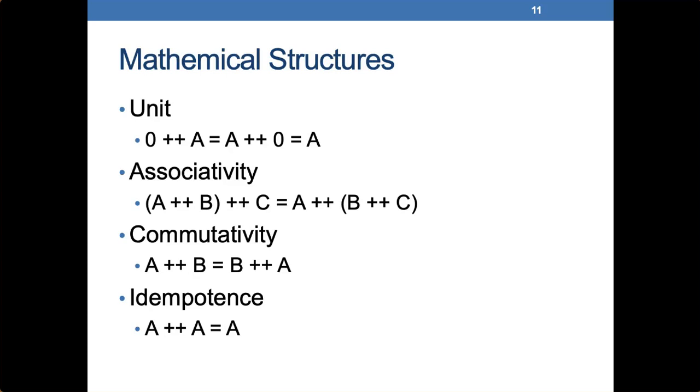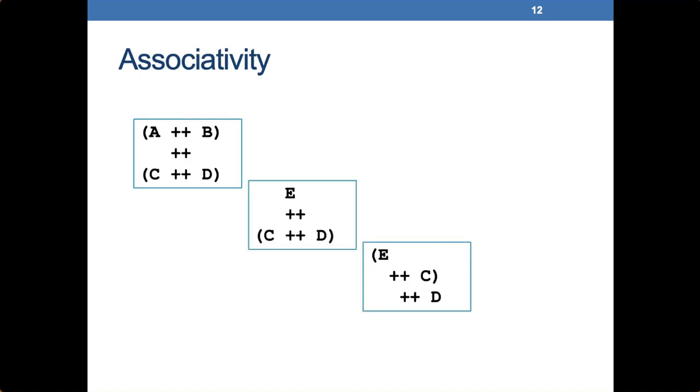And the idempotence means that whenever we append a collection to itself, it doesn't change anything. In order for the left-hand side and the right-hand side to be equivalent, we are using the associativity feature. By naming the appending of A to B as E, you see that by one round of associativity, we can get from the left one to the right one.